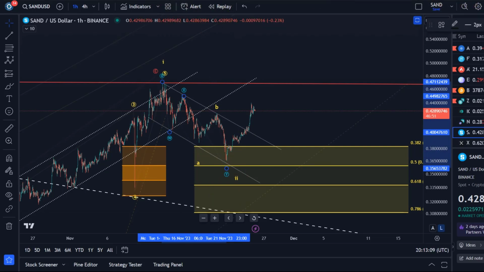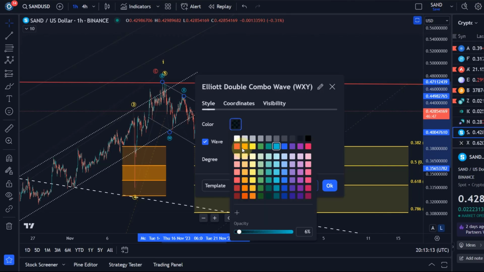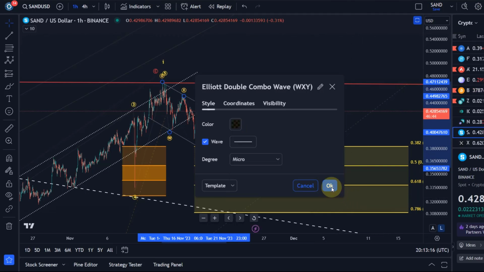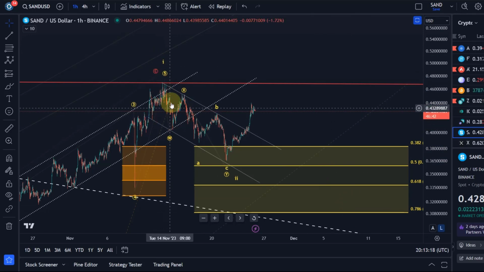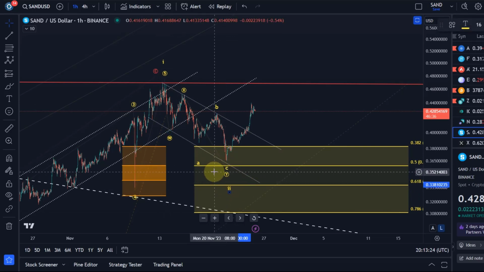Let me just change the color. Yep. So WXY with a very long ABC structure. And this could have been all of wave 2, and we're now really running, but I haven't got 5 waves up yet. I have only 3.